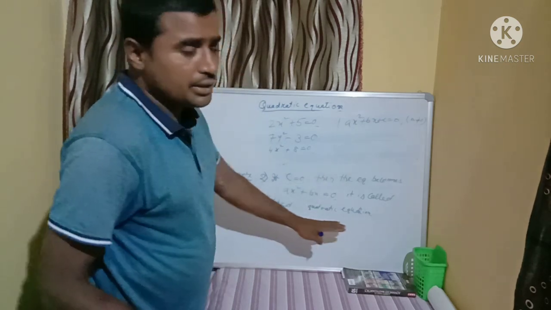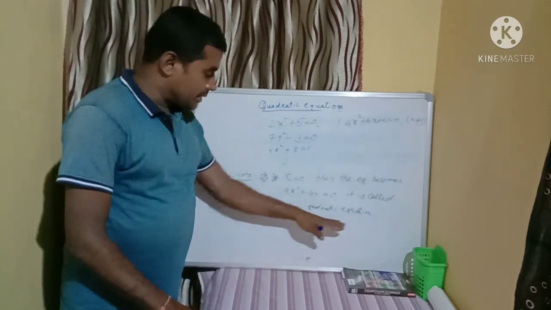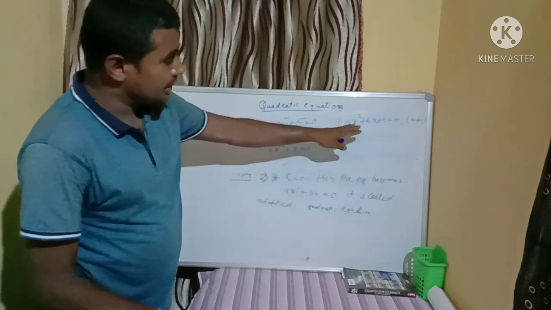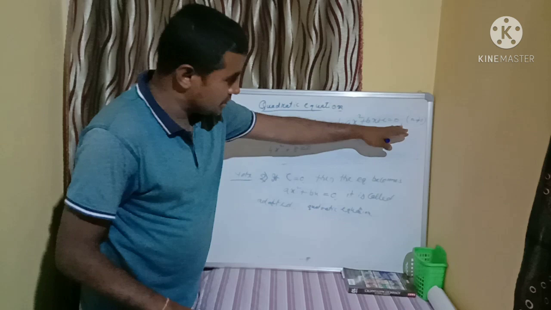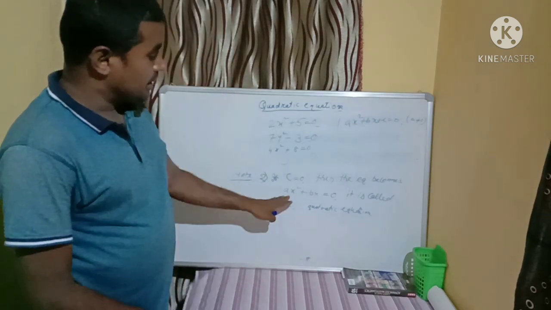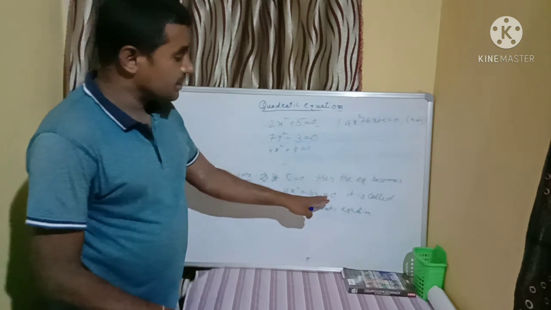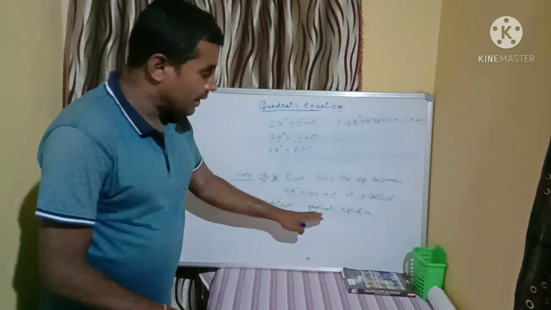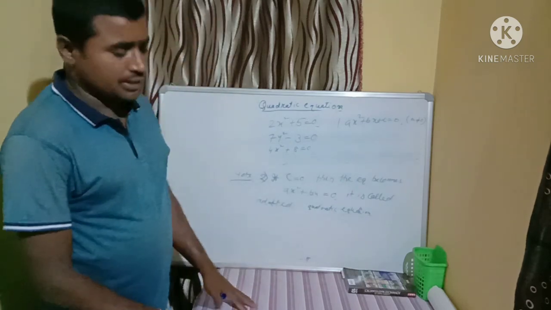This type of equation is known as adapted quadratic equation. So what is adapted quadratic equation? In the standard form of quadratic equation ax square plus bx plus c equal to 0, if c equal to 0, then the equation becomes ax square plus bx equal to 0, and it is called adapted quadratic equation. Got it?